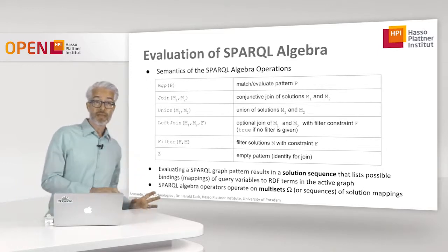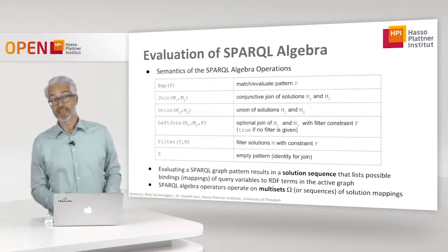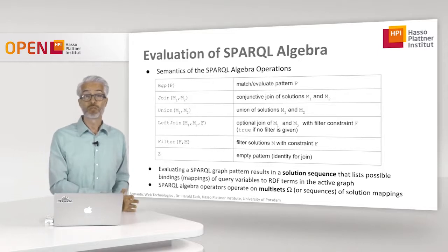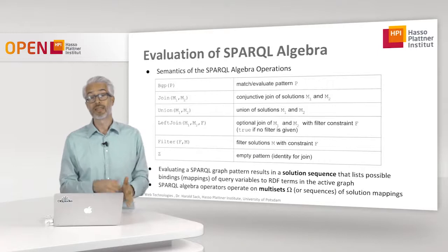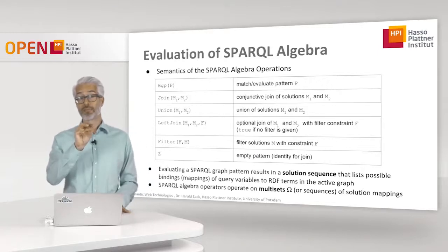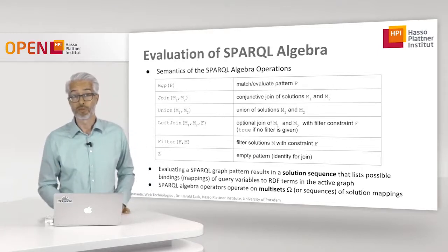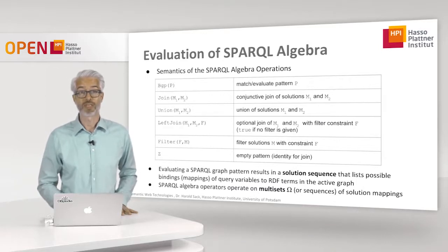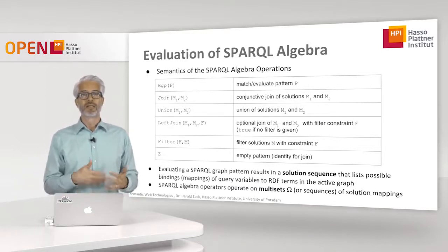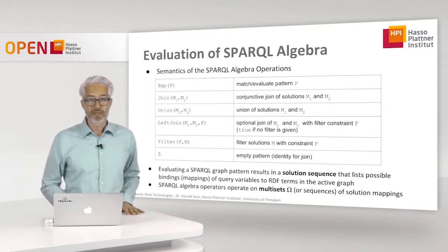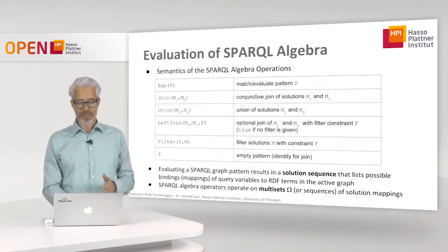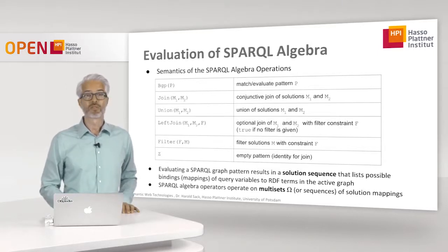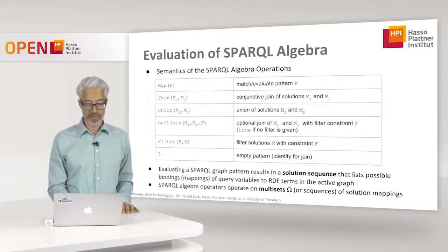When I apply this on the RDF dataset, of course there will be bindings of these variables. They will be generated, and this is in the end the result. So I'm looking at all these bindings, which are further on referred to as so-called mappings or matchings. The SPARQL algebraic operators operate on a multiset or on sequences of these solution mappings, and this multiset will further on be noted as a big omega.